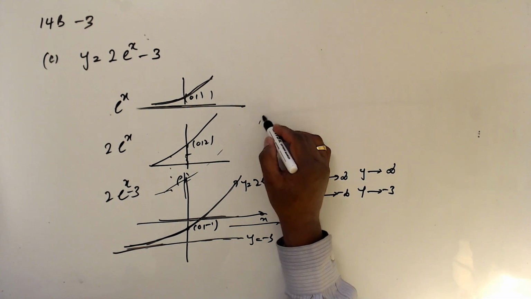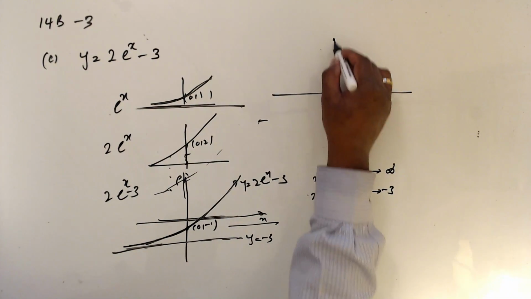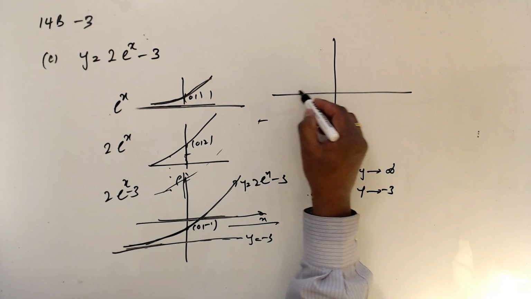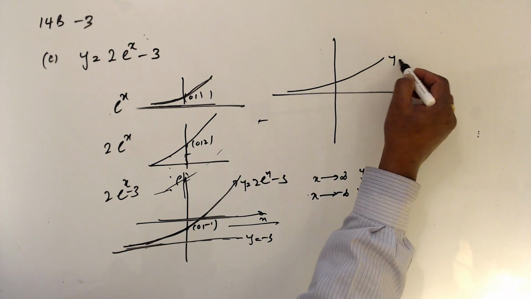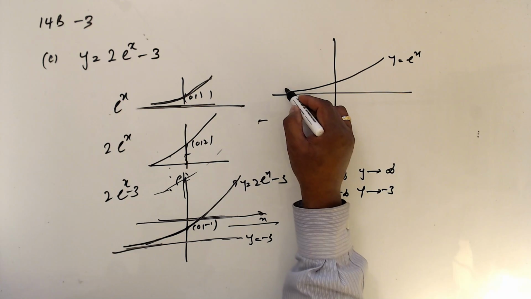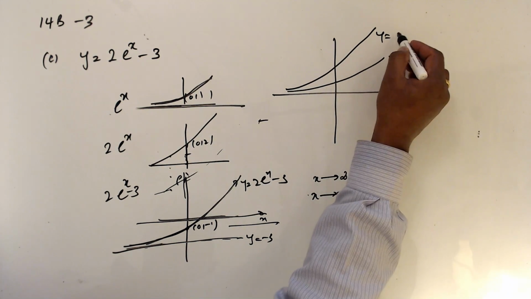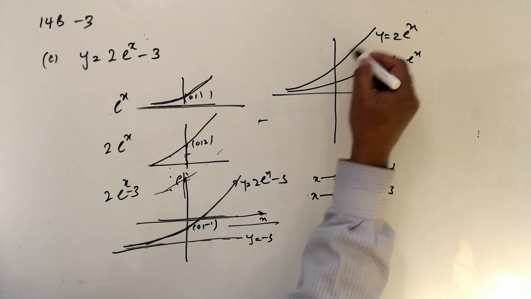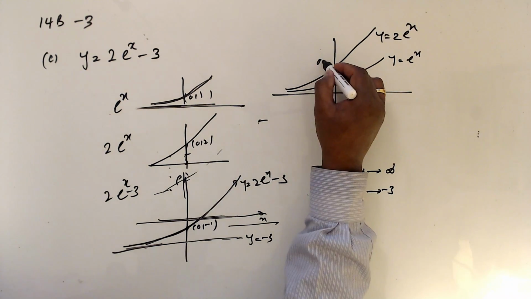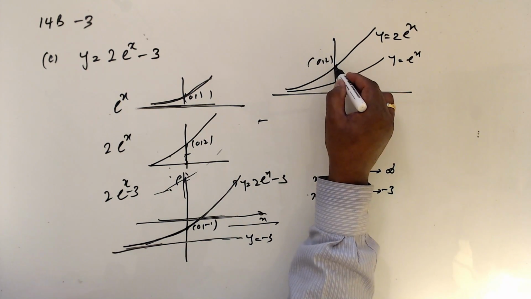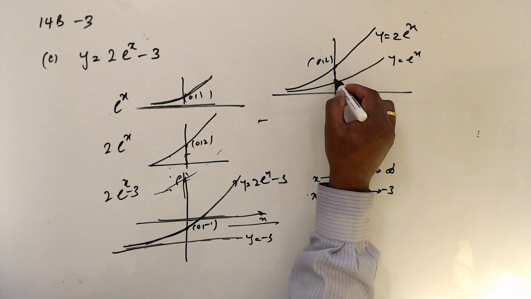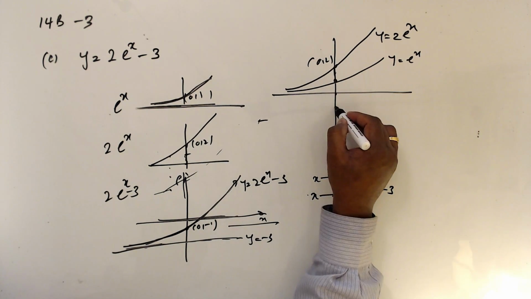If I draw it in one graph to understand, this is y equals e^x. This is y equals 2e^x, (0, 2), and bring this one down 1, 2, 3.